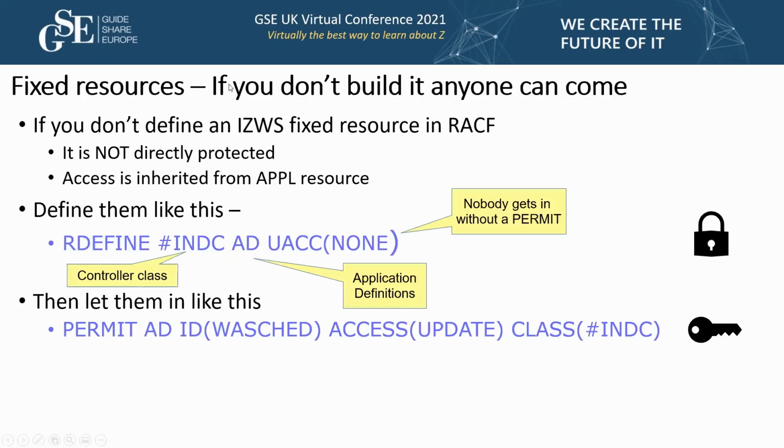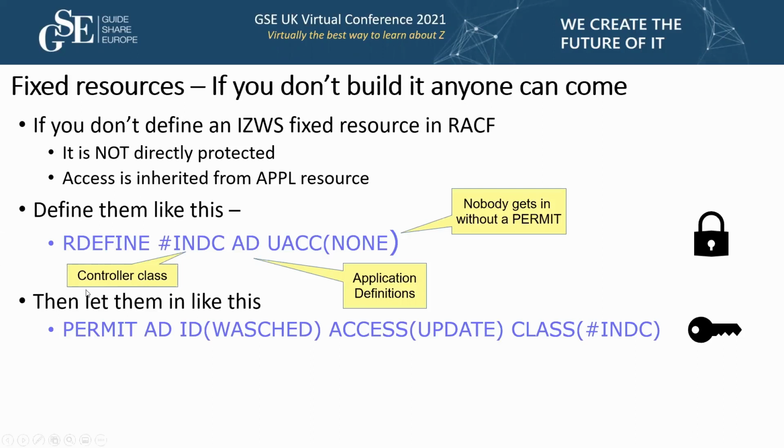Okay, so fixed resources. We mentioned there were 3 levels: the application class, the fixed resources, and the sub resources. Fixed resources, if you don't build it, anyone can come. If there is no protection on the AD fixed resource, that means anybody with update access to the controller can update the database.